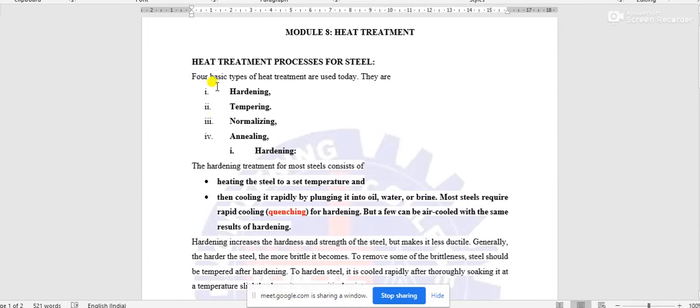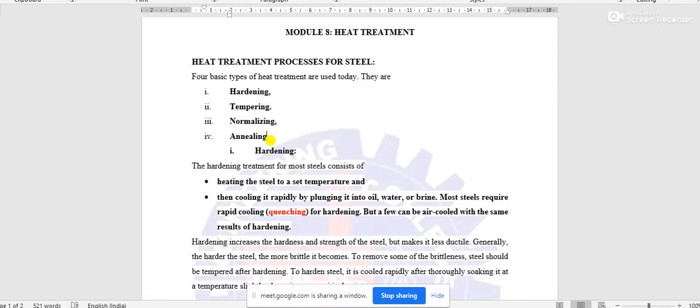There are mainly four types of heat treatment process for steel. One is hardening, secondly tempering, thirdly normalizing, and fourthly annealing. Now, in some books you may have a different serial order, maybe at number one annealing, then normalizing, then tempering.